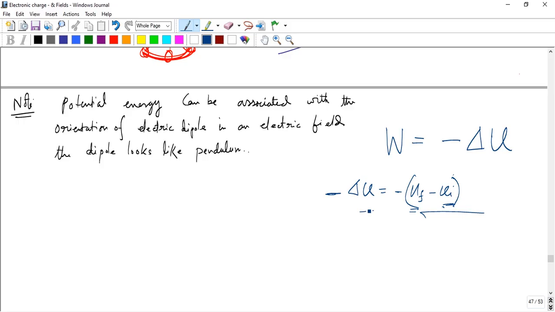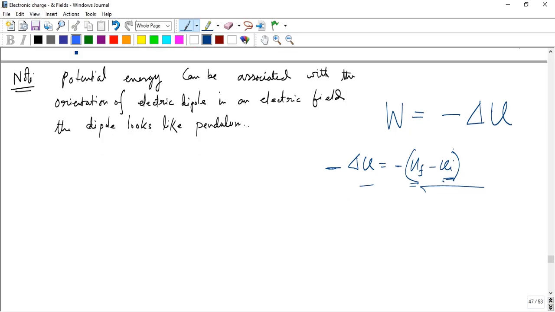So we calculate the work done by the field on the dipole when the dipole is rotated in the field from theta to 0 degrees.